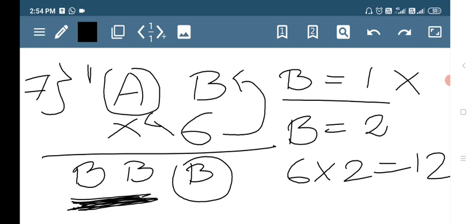Can we get 22 here by adding 1 to this? 6 ones are 6 plus 1 is 7, no. 6 twos are 12 plus 1 is 13, no. 6 threes are 18 plus 1 is 19, no. 6 fives are 30 plus 1, no. 6 sixes are 36, 36 plus 1 is 37, no chance.